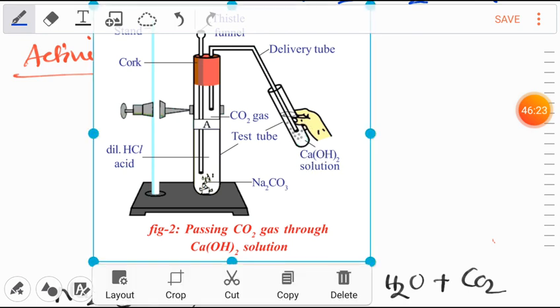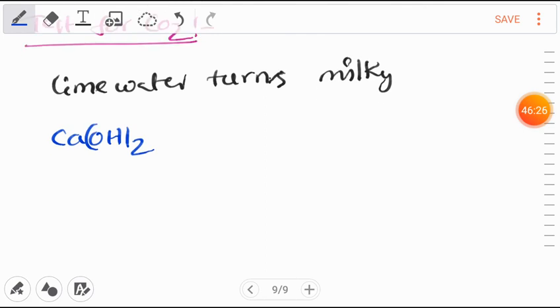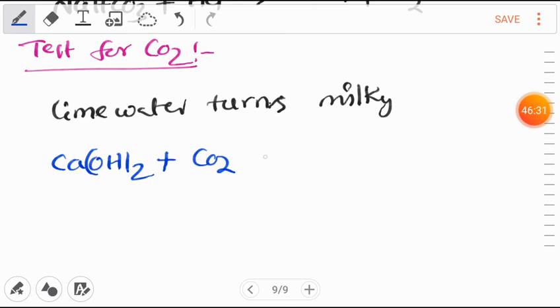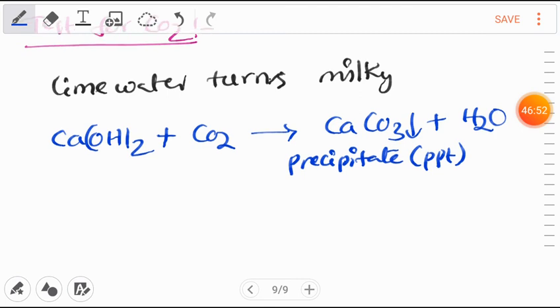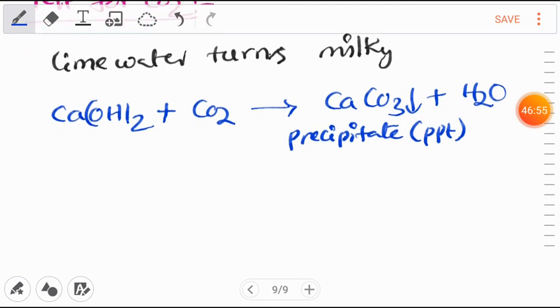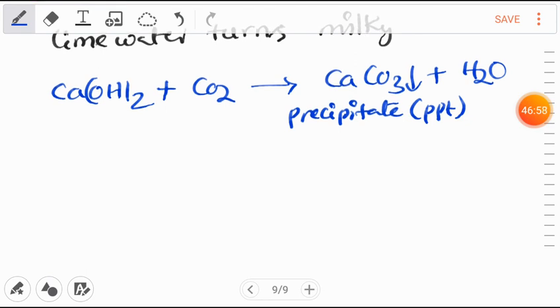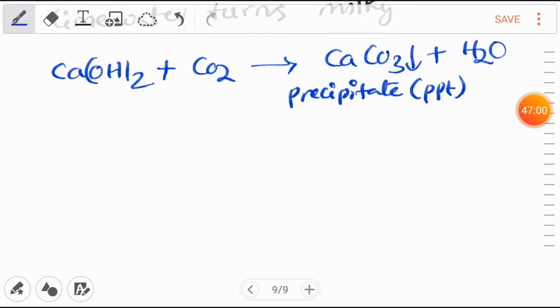Lime water plus CO2 gives CaCO3 plus H2O. This is a precipitate, so simply you can call it a PPT. It will float on the surface and appear like milk. That's why it is called milky.